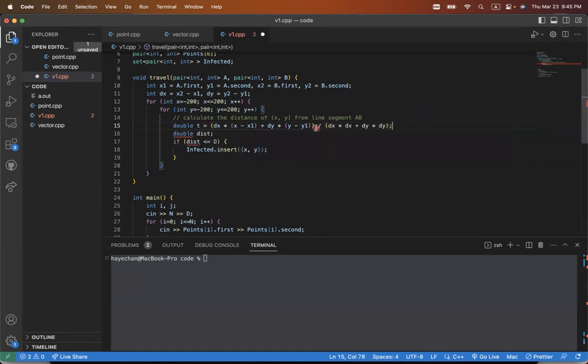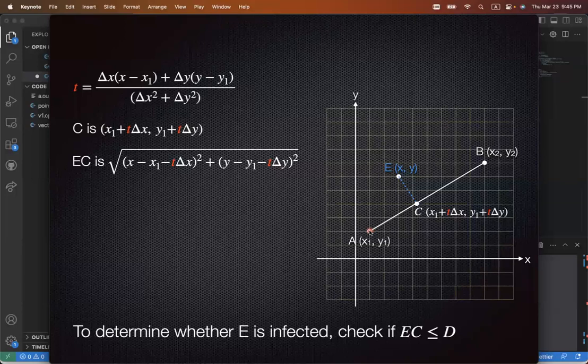We have to be careful because both the numerator and denominator are integers, but we really want floating point division. So we multiply that by 1.0 to turn it into floating point. So that's t. And once we have t, we want to be careful with t too, because t goes from 0 to 1.